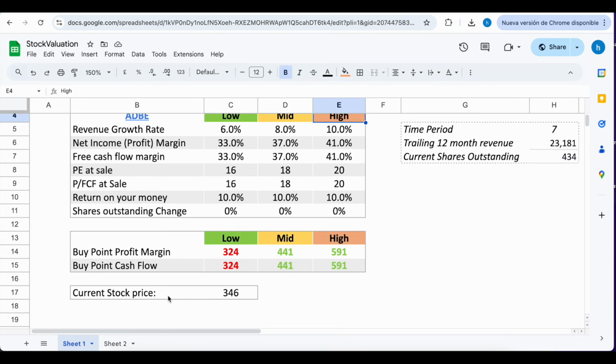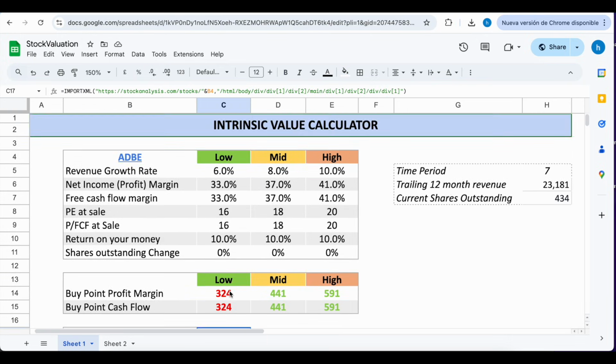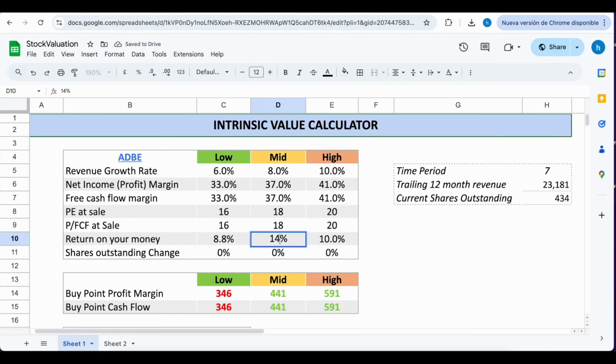And because the stock is currently trading at around $346 per share, this means that if my low assumptions occur, you would get an 8.8% annual return on your money, middle 14.6%, and high 20.1%, which are great returns because keep in mind that the market gives you around 10% per year. So according to my middle assumptions, you would beat the market by almost 5% annually.